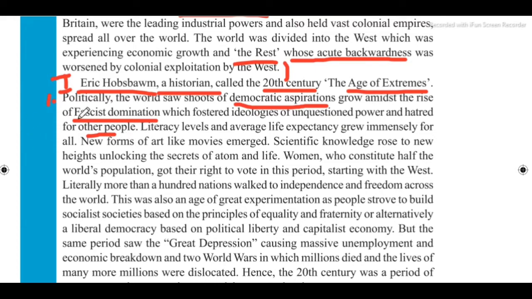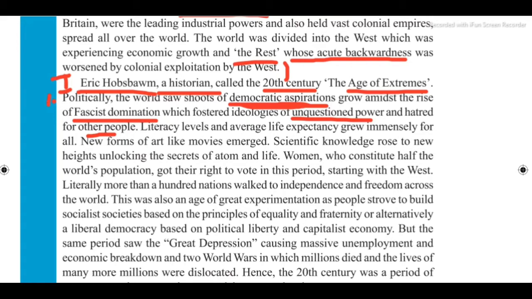The another one, Nazism, which was under the leadership of Adolf Hitler. So, these 2 were unquestioned power. They were following dictatorship, and they were hatred towards other people. So, this has changed the mindset of the people during this period, and they wanted to look for a democratic aspiration.